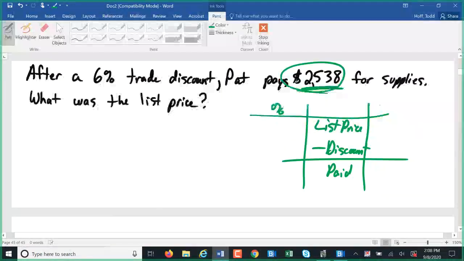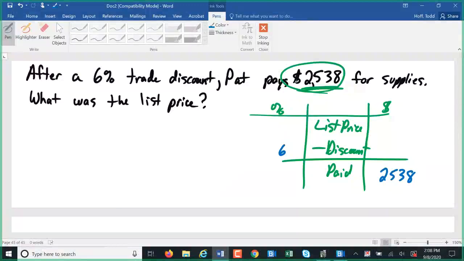So we have percents on one side, and again, we're working with dollar amounts, so we have dollars on the other. We have that $2,538 is the amount paid. That's the only dollar amount we know. Well, we have the 6% discount, which looks like the only percent we have, but there's one percent we always have. That is the base amount, the 100%.